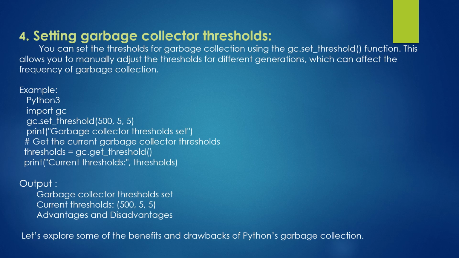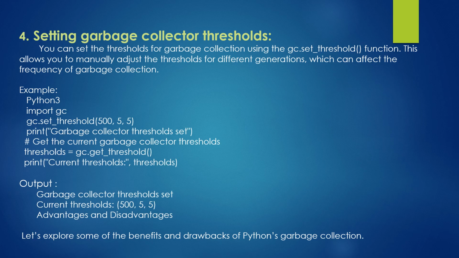In the example, we call gc.set_threshold(500, 5) and print "garbage collector threshold set". Then we call gc.get_threshold() to get the current garbage collector thresholds and print the current thresholds. The output is garbage collector threshold set, current threshold 500, 5.